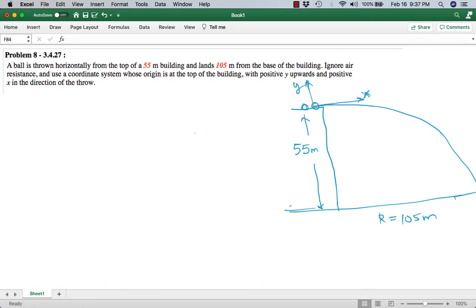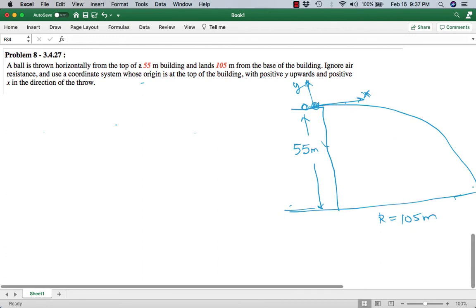So the question is asking how long the ball is in air. It starts from here and then it ends here. So how long is the ball in air? The ball is in air for the same amount of time as it takes to travel from this point to that level.